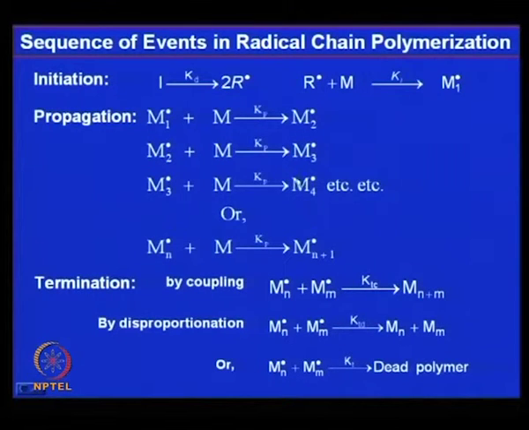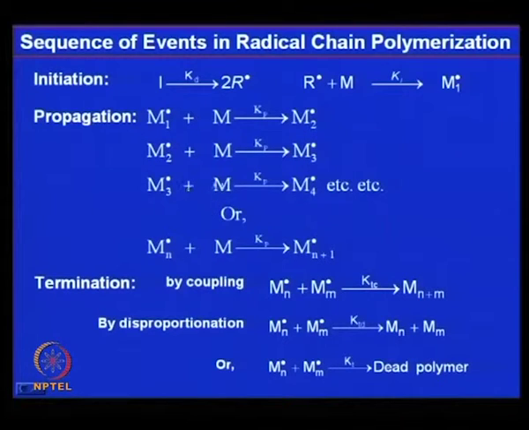Now, I was talking of their stability. The stability of this free radical is maintained by forming resonating structures through hyperconjugation. So, they are reasonably stable for the attack of a monomer molecule.